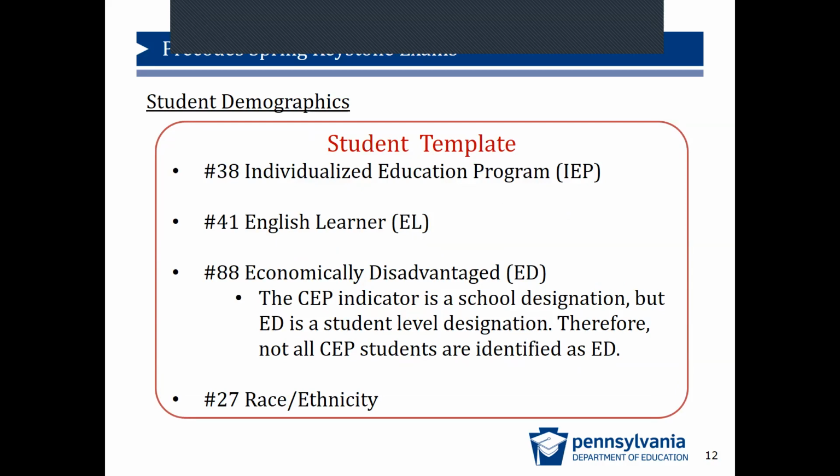Regarding field number 88, economically disadvantaged, the LEA determines this status. The CEP indicator is a school designation, but economically disadvantaged is a student-level designation. Therefore, not all CEP students are identified as economically disadvantaged.